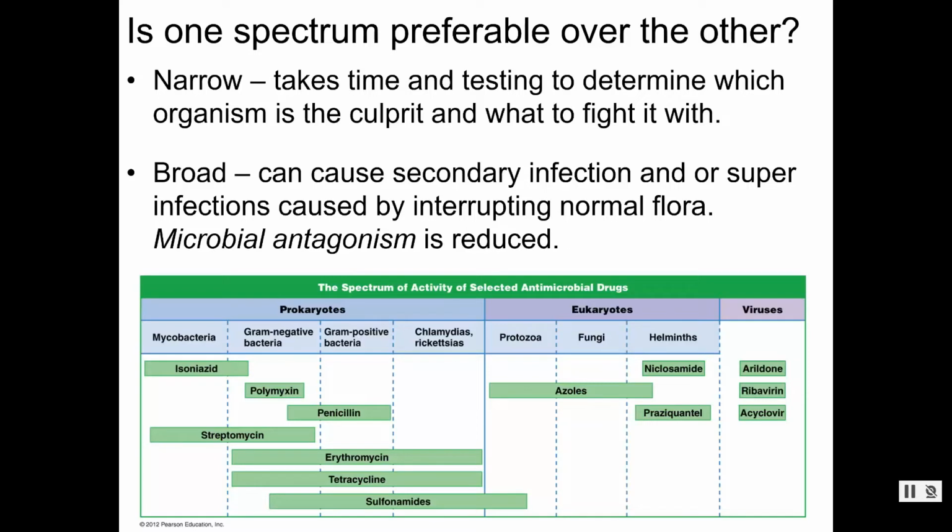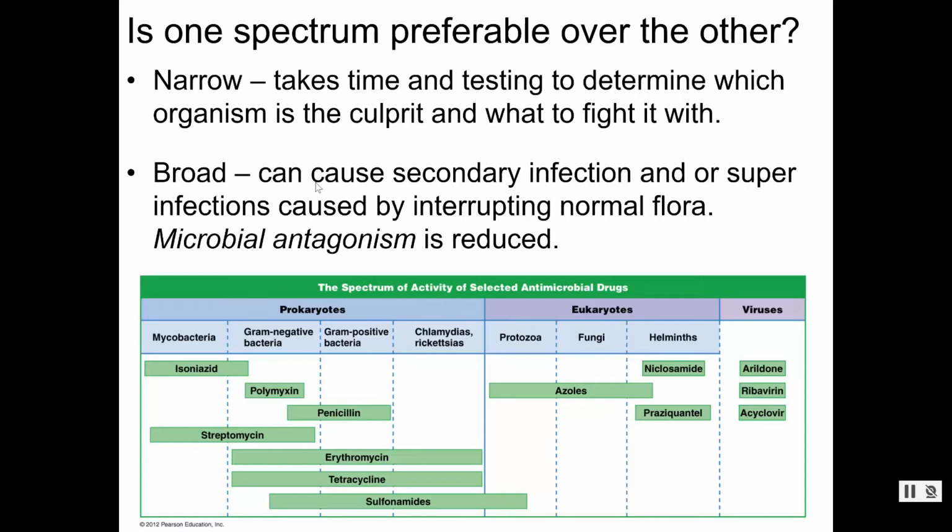So anytime we treat with a broad spectrum antibiotic, we are running the risk of allowing resistant bacteria to grow and take hold. This can lead to drug resistant bacteria that are no longer susceptible to the drugs that we have. So that can be an issue.